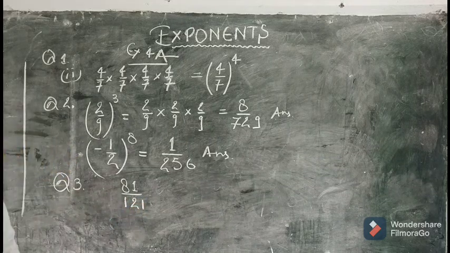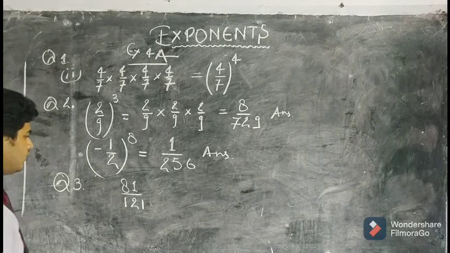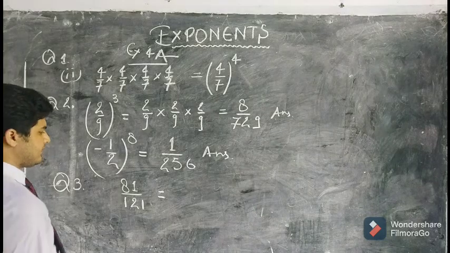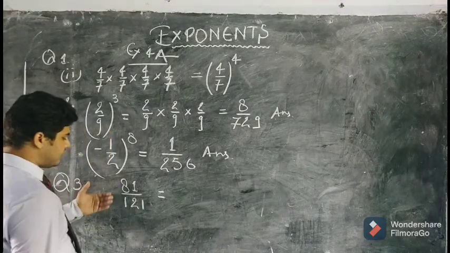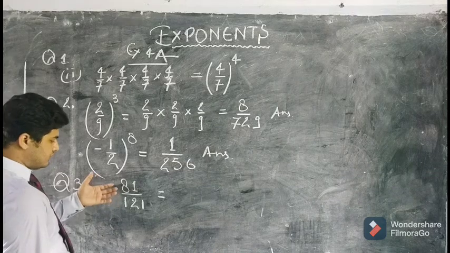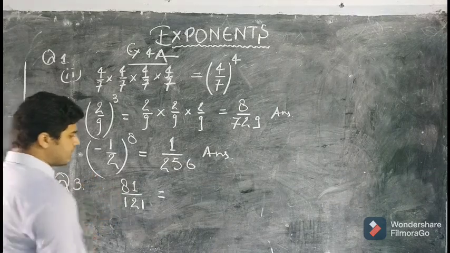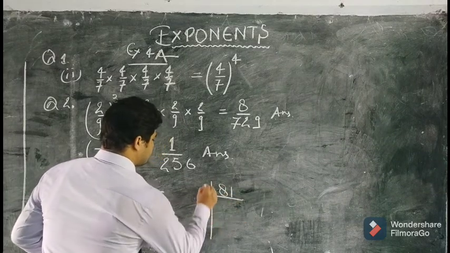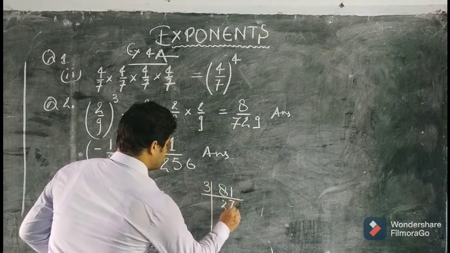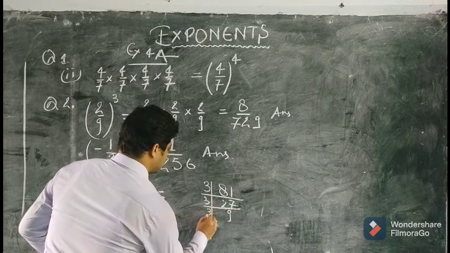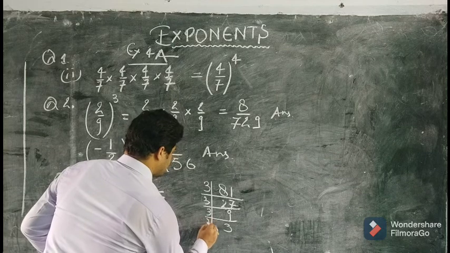81 upon 121. Now what you have to do, you can factorize if you are not able to get which number to what power this number should become. If you factorize 81, it will be divided by 3, again 3, again 3 and again 3.